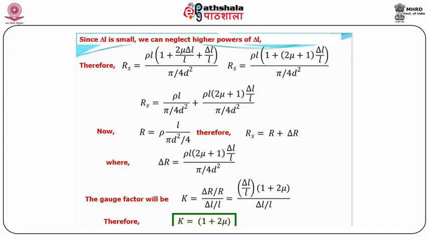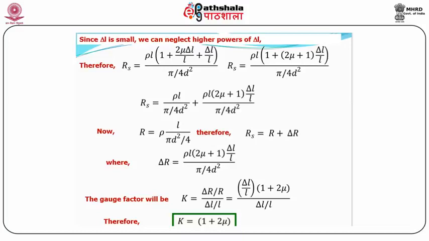Now R is equal to rho L by pi d square by 4. Therefore, Rs will be equal to R plus delta R. So now comparing these two equations, we can write delta R is equal to rho L multiplied by 2 mu plus 1 delta L by L divided by pi by 4 d square.